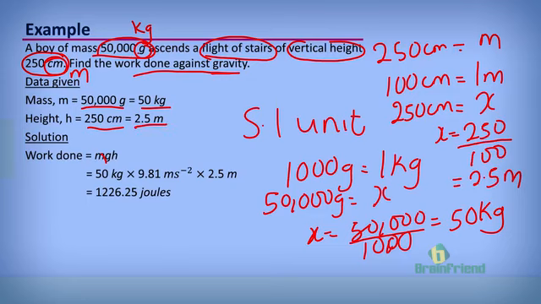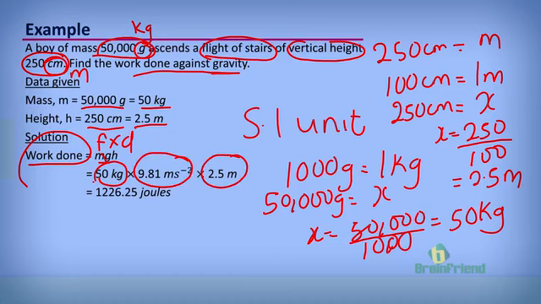Now let's calculate the work done. Remember, it is force times distance. But also remember that force is equal to mg. Then work done will be equal to mgh. So it's equal to 50 kilograms times 9.81 meters per second square times 2.5 meters.